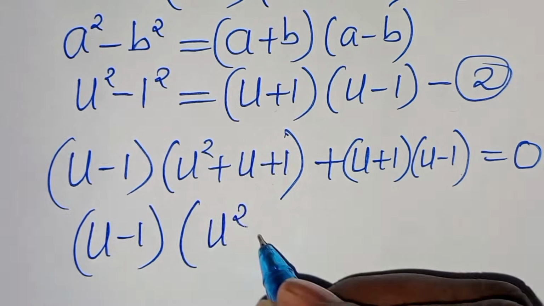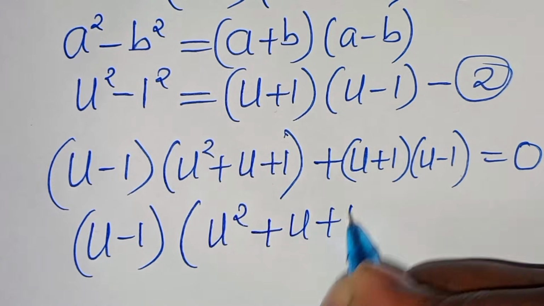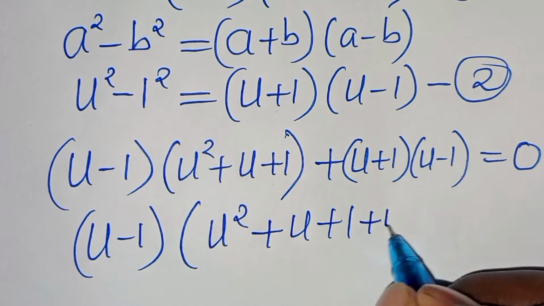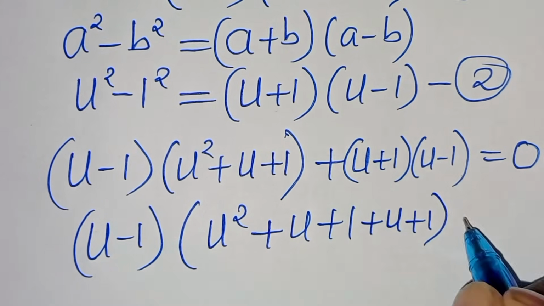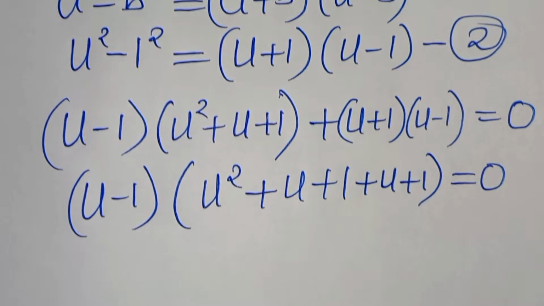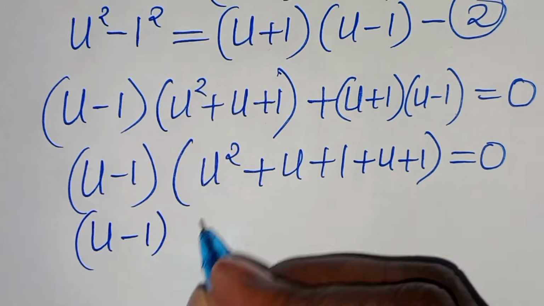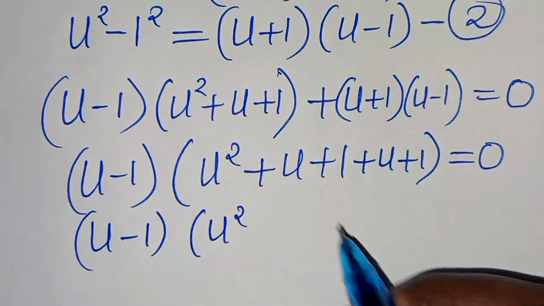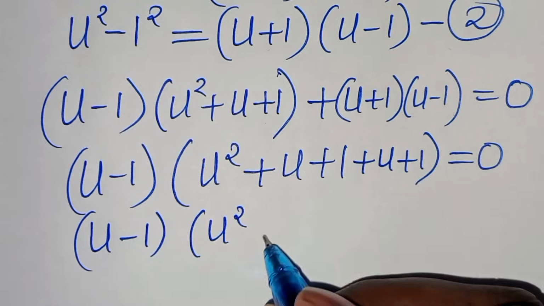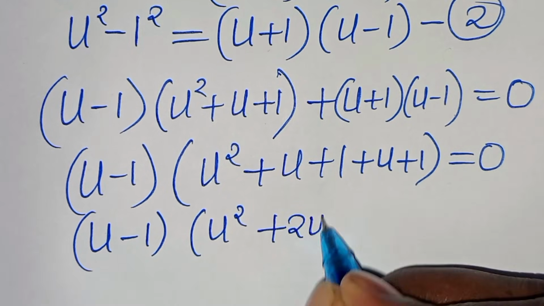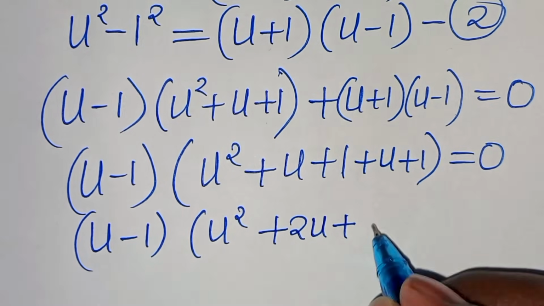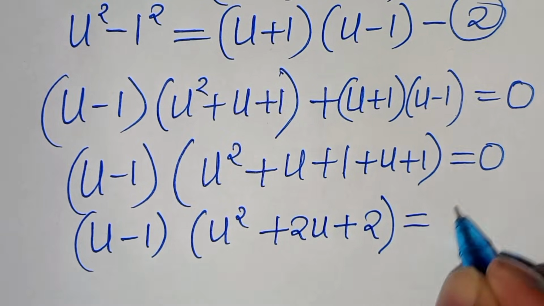This is u to the power of 2 plus u plus 1, then plus u, then plus 1, equal to 0. So we have u subtract 1 times u to the power of 2 plus 2u plus 2, equal to 0.